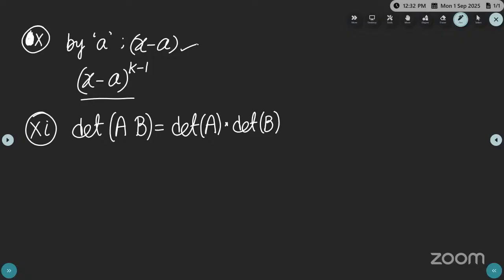Find the value of the determinant with rows 1 1 1, x y z, x square y square z square.